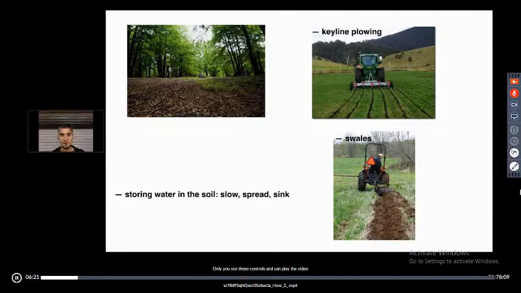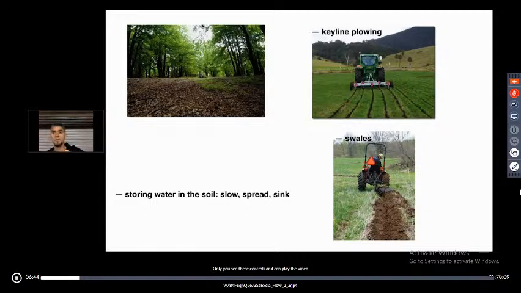So the first one is of course swales, and you can see swales in the image on the bottom right. This is actually a picture from Mark Shepard. So that's swales. These swales can be on the contour or off the contour.